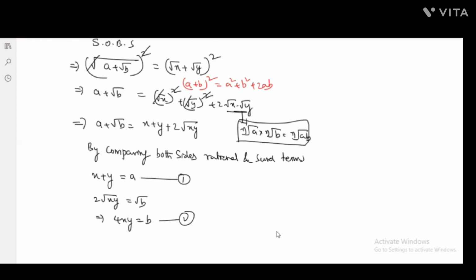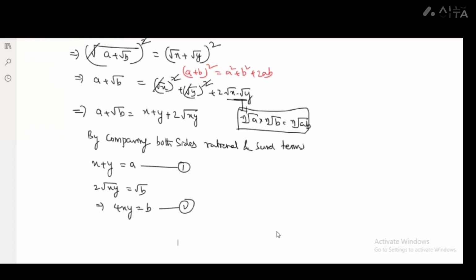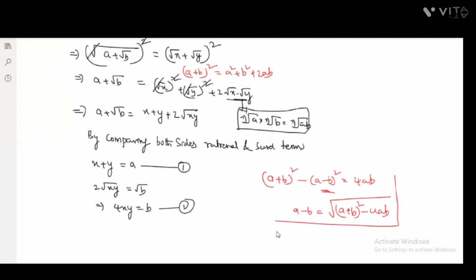Now to get x minus y, we have one formula in algebraic expressions. a plus b whole square minus a minus b whole square is 4ab. So from here, if I want a minus b, it will be under root of a plus b whole square minus 4ab. We have to remember this formula, it will be useful in many places.